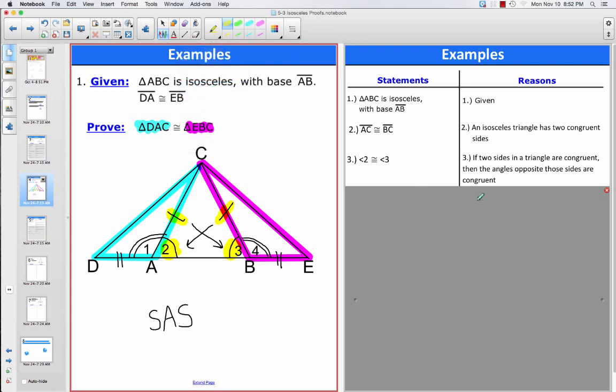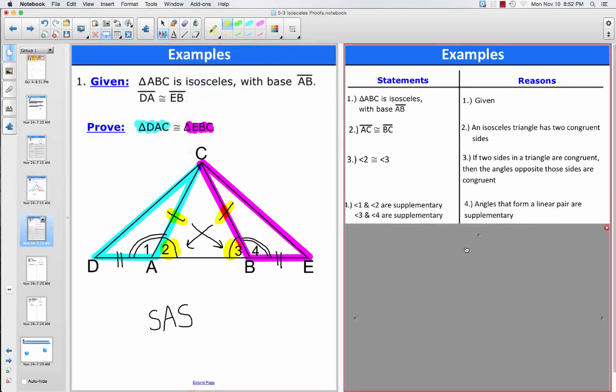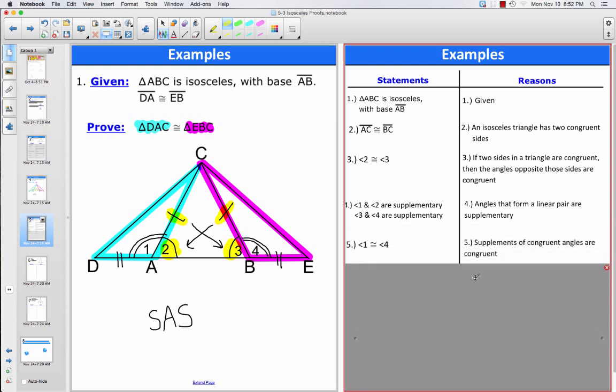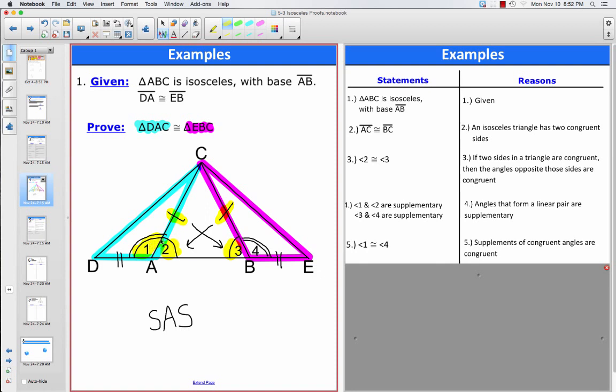Next, we could say that 1 and 2 are supplementary, and 3 and 4 are supplementary, because angles that form a linear pair are supplementary. Then after that, the supplements of those congruent angles would have to be congruent as well. So angle 1 is congruent to angle 4, because supplements of congruent angles are congruent.